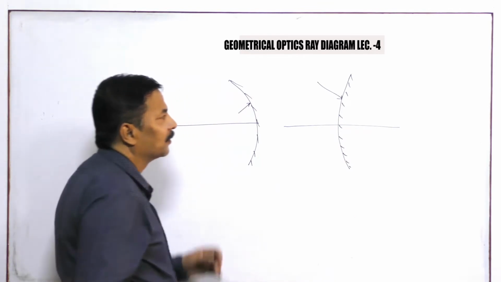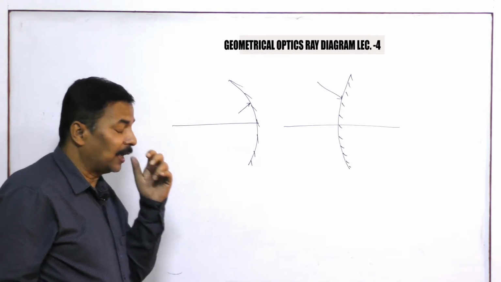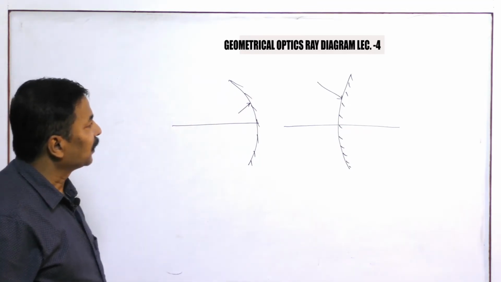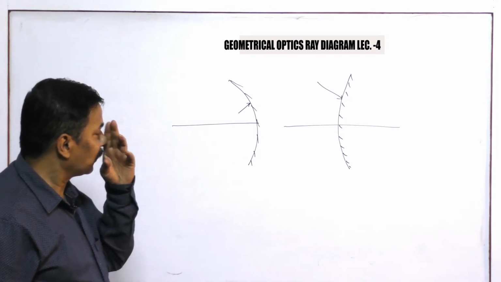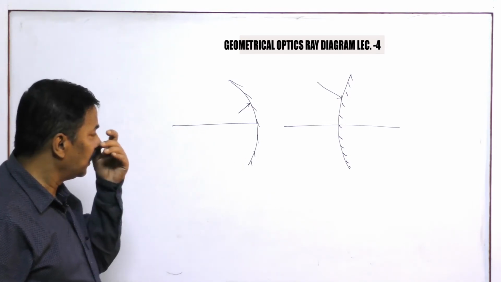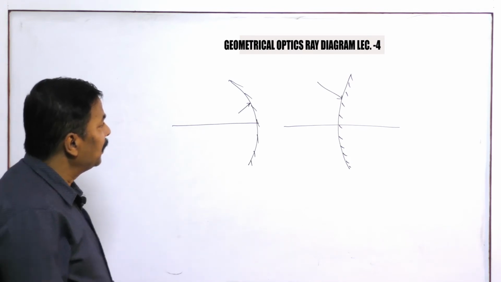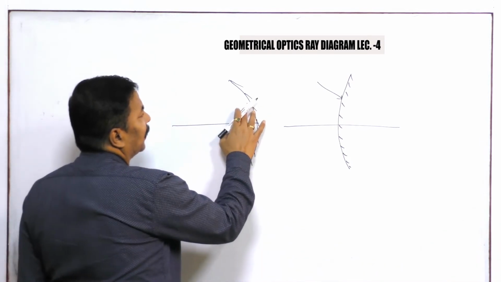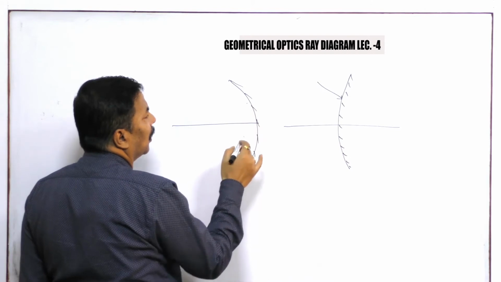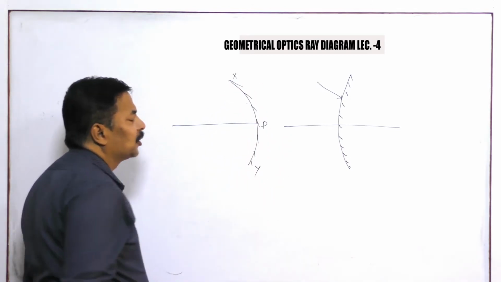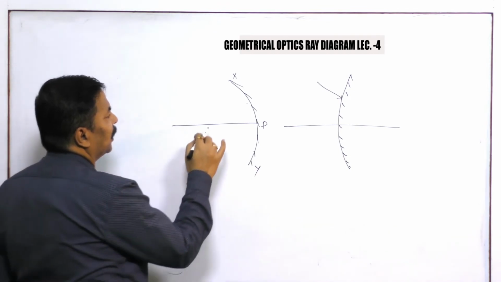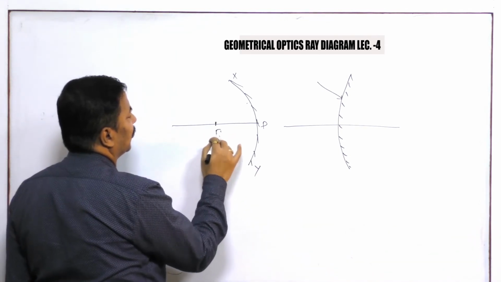This is convex. So this thing has to be kept in mind. Now we are talking about a mirror of small aperture. So here F is equal to R by 2 will remain valid. What I mean to say here is that in case of concave mirror, certain defined positions are there.